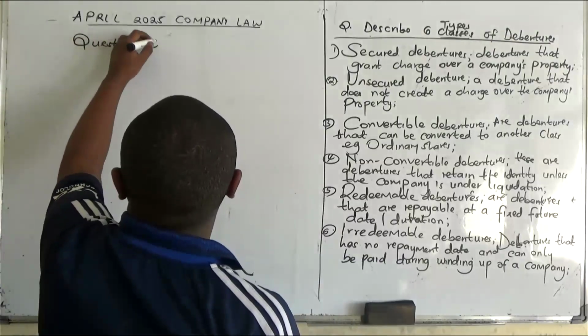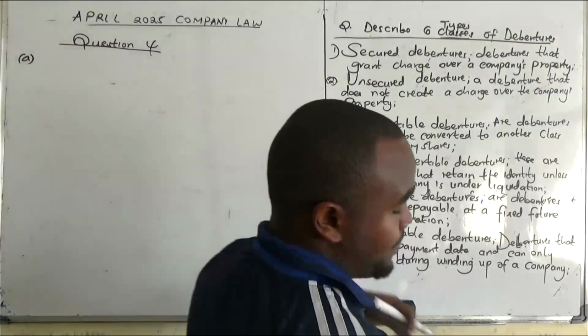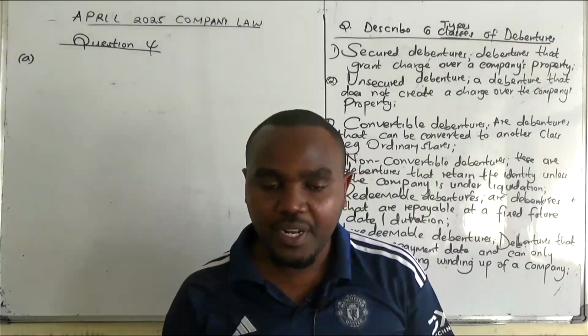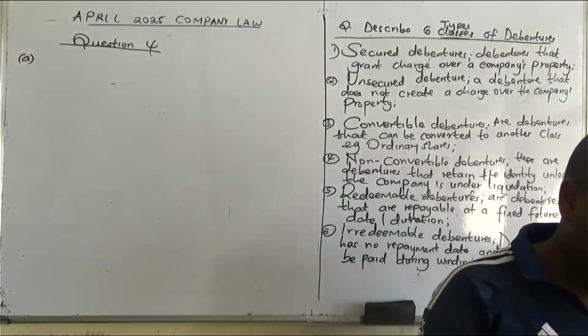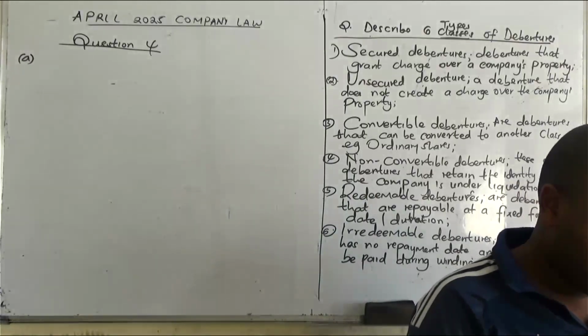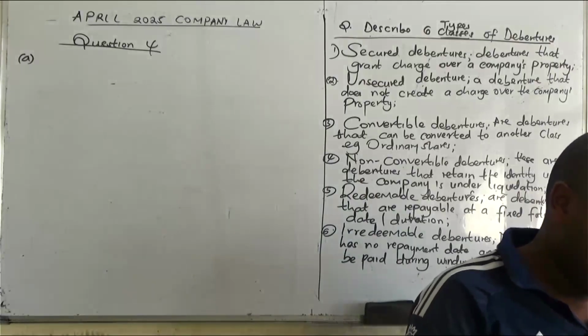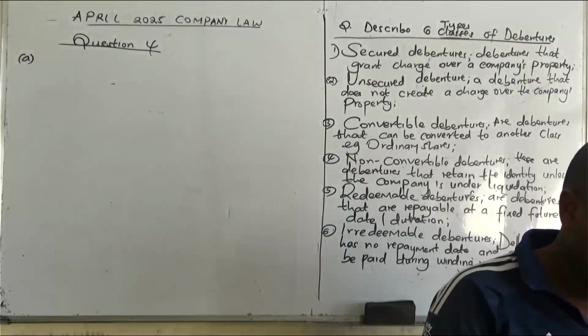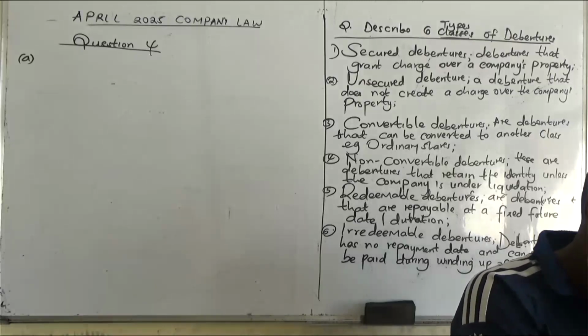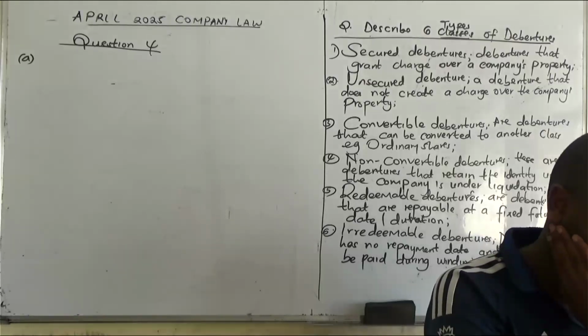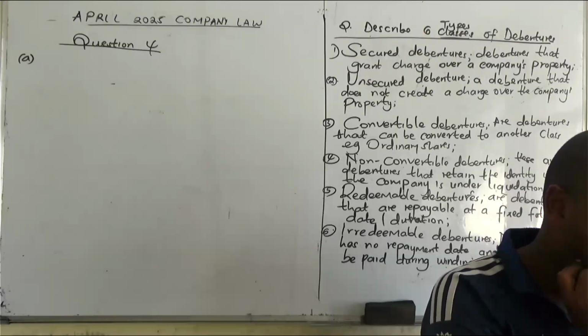Question number 4. What is the examiner asking in question number 4? During a board meeting of POFO Limited, the directors approved a resolution authorizing the company to secure a loan of Kenya shillings 10 million to expand its operation. However, debate arose thereafter on whether the resolution required unanimous approval or a simple majority under the Articles of Association.